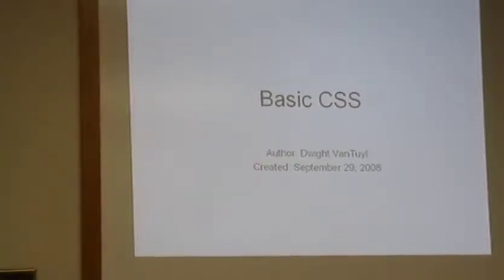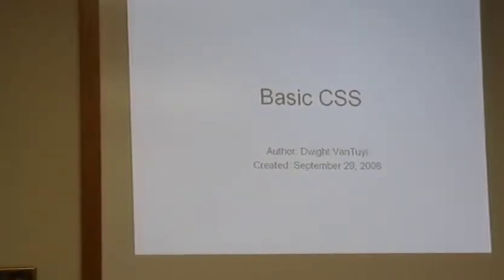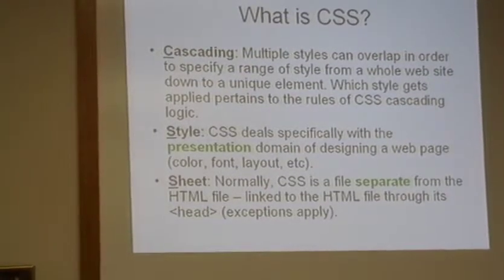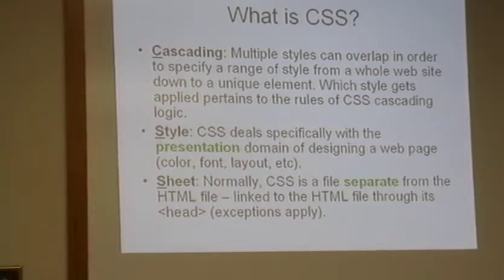So an element will have properties like its color, its border, or font, or whatnot. What is CSS? It's an acronym for Cascading Style Sheet. Cascading is something we're going to learn later on in the tutorial.